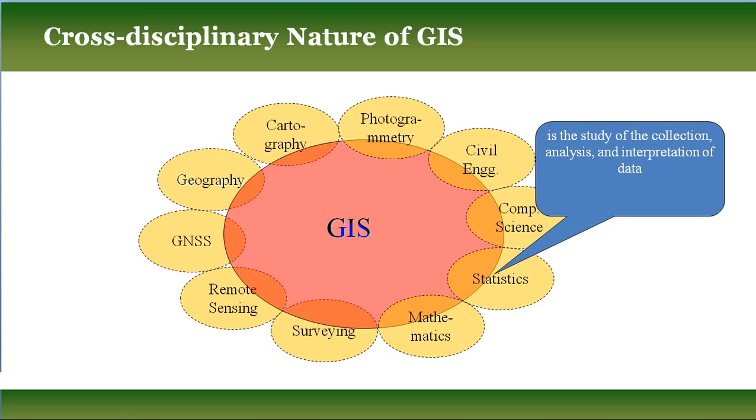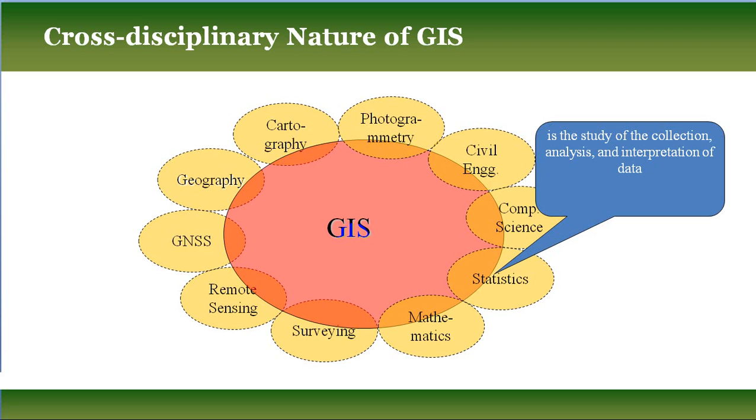Suppose you have population data for your city or state, crime data, or socio-economic data, where such hidden information is not readily visible. By doing different types of statistical analysis, we can extract such things from your existing GIS data.